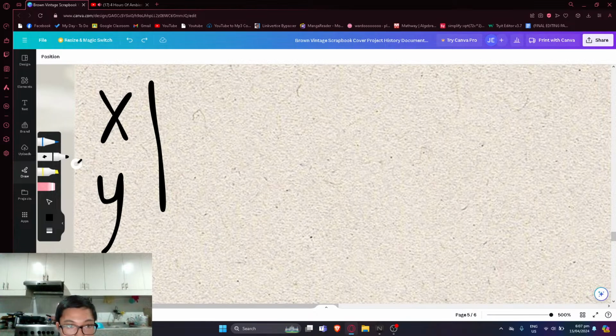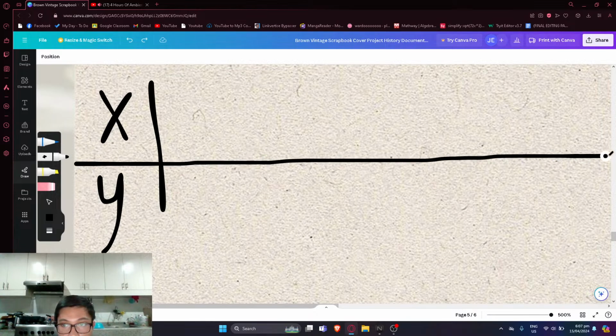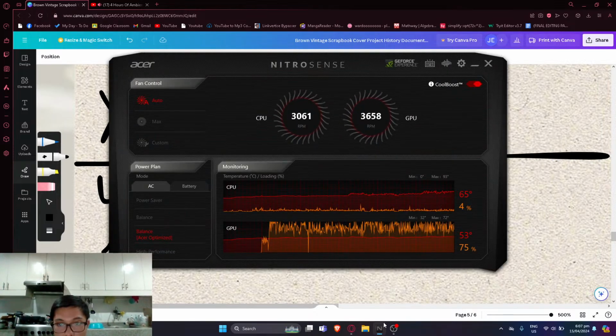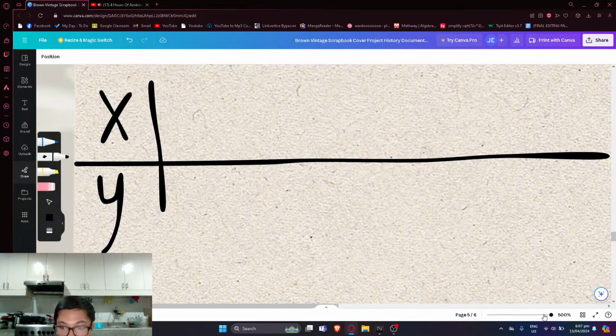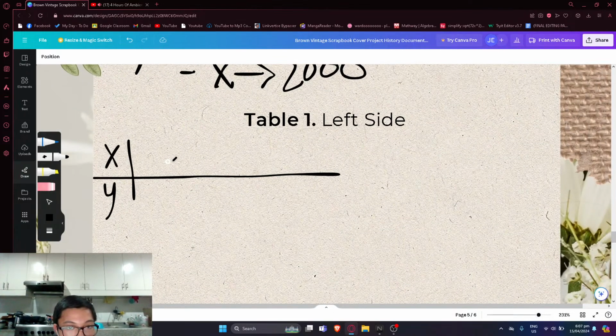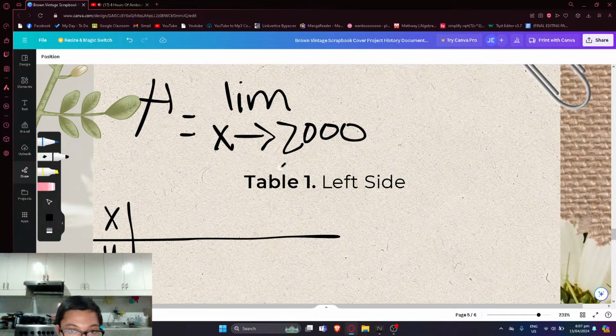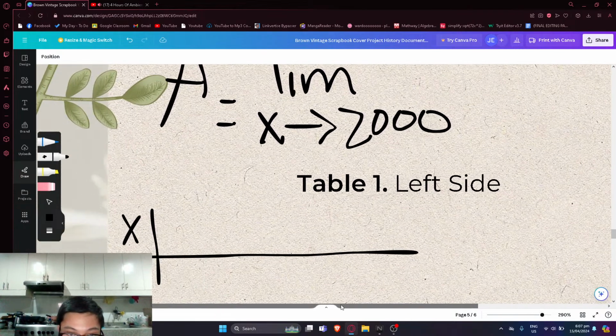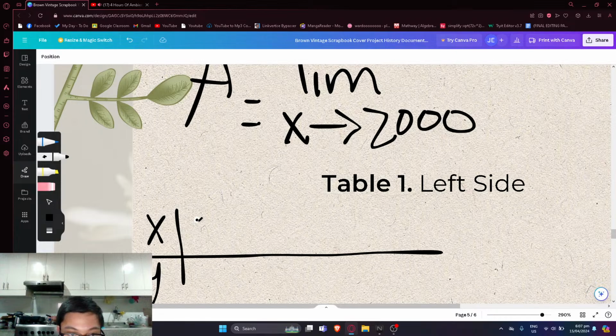Level X. So next, hanap tayo values that are lesser than 2,000. So let's say 1,250.